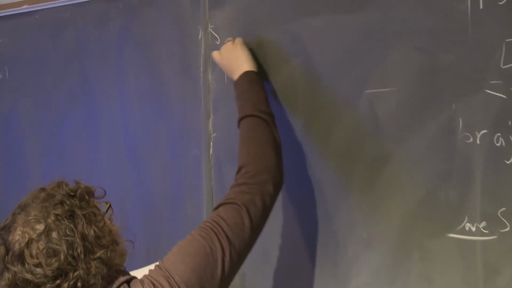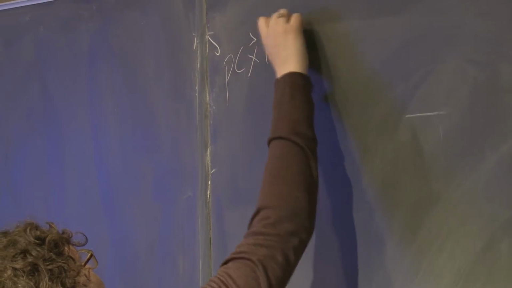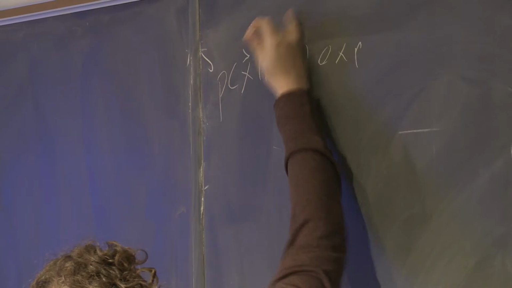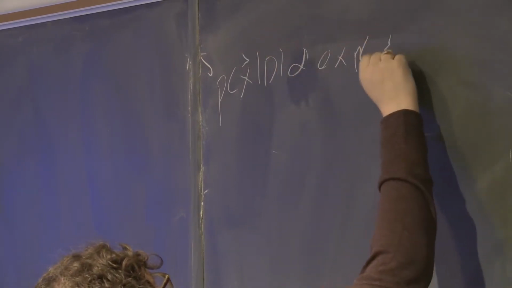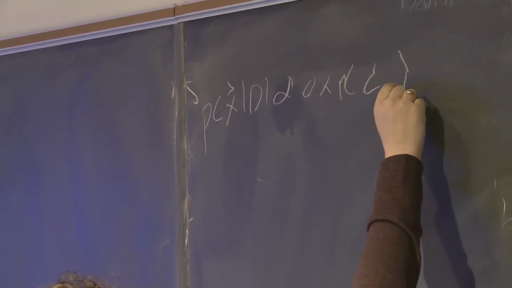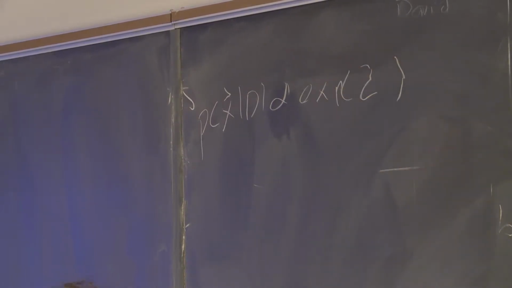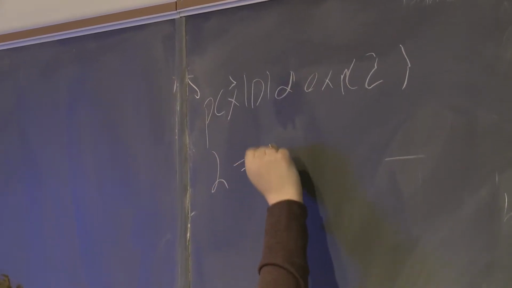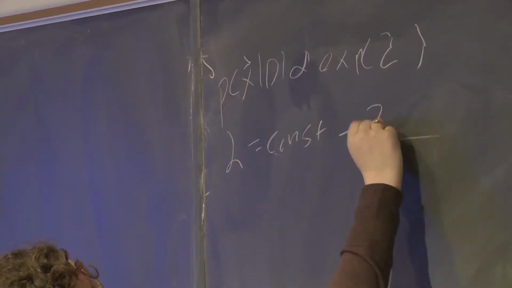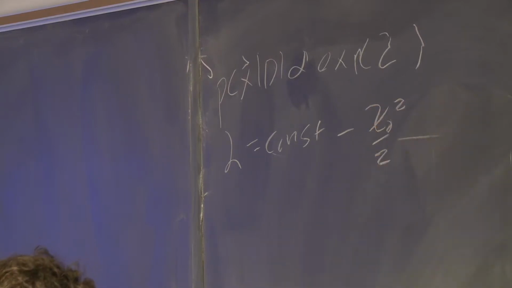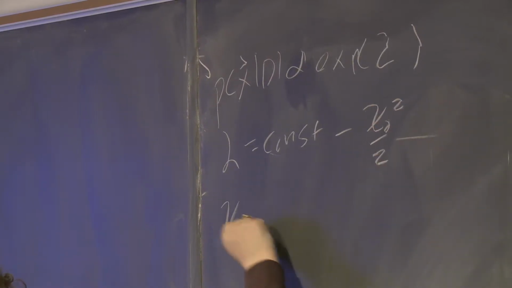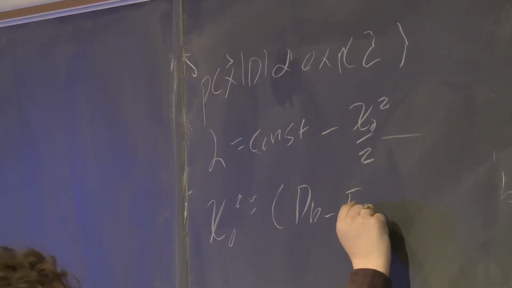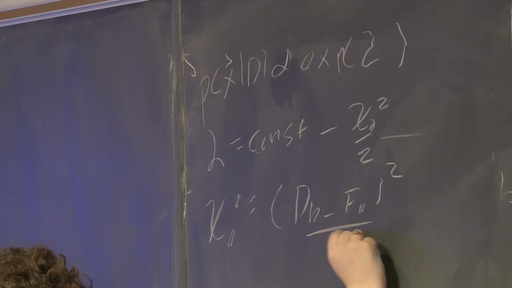Then the probability of x given the data is proportional to L, and then L is a constant minus chi squared over 2. I'm just defining what I mean by chi squared here. And chi squared is data minus the model over the uncertainty.